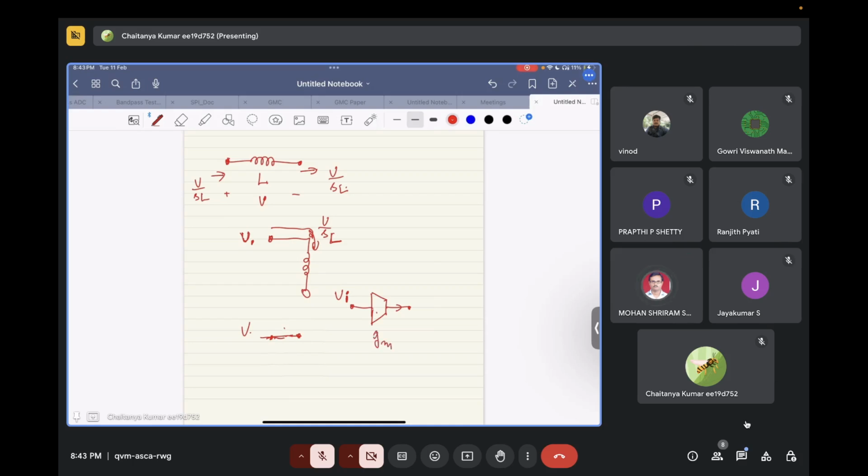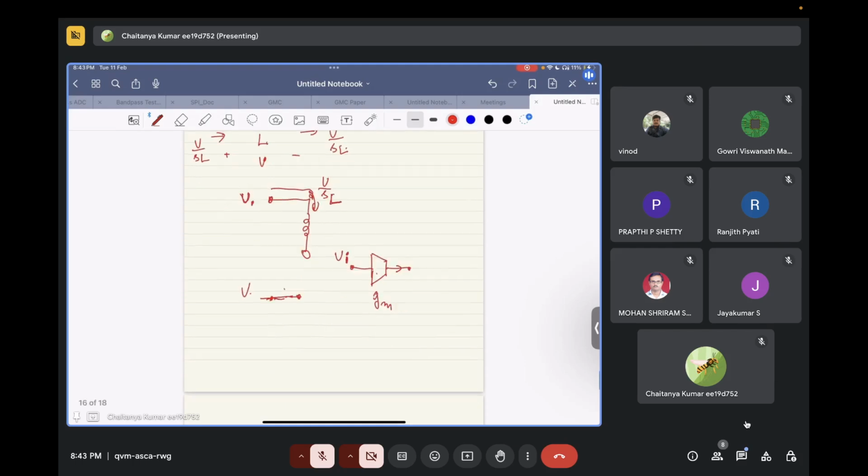This is Gm. The current. If we have Vi over here, the output that comes out is Gm times Vi.